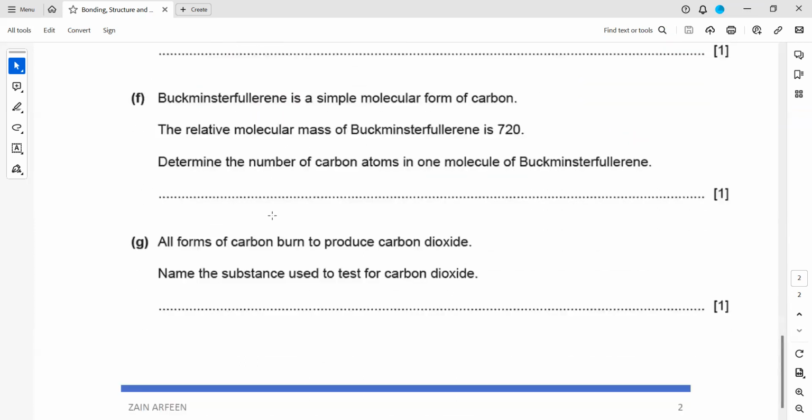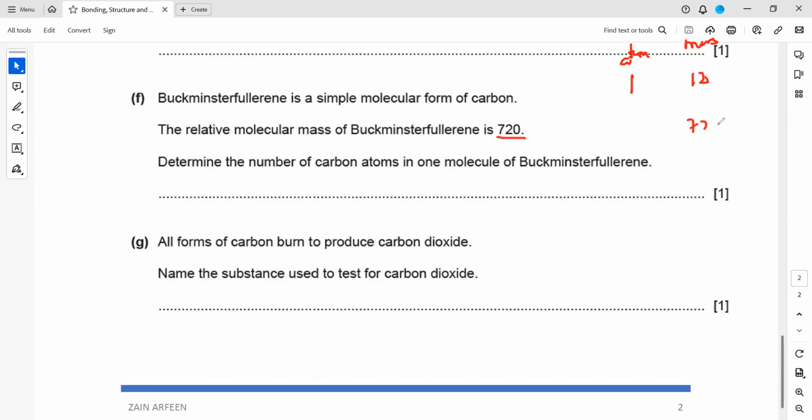Then, Buckminster fullerene is a simple molecular form of carbon. The relative molecular mass of Buckminster fullerene is 720. Determine the number of carbon atoms in one molecule. It only consists of carbon atoms, so how many carbon atoms are needed to make 720? You can use a ratio: one carbon atom has a mass of 12.